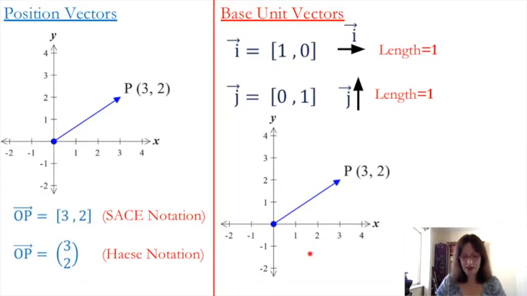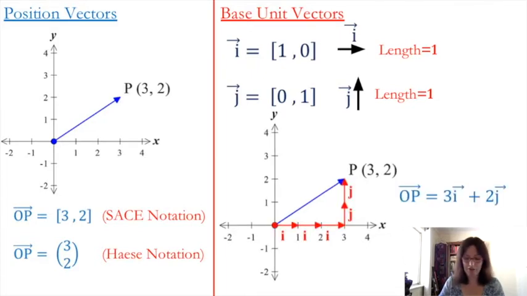And so let's go back to the one we were talking about before. Let's break that up into some horizontal components and some vertical components. How many of each of those do we have? So the vector OP is represented by 3i of those vectors i, where it's a base unit vector, and 2j.